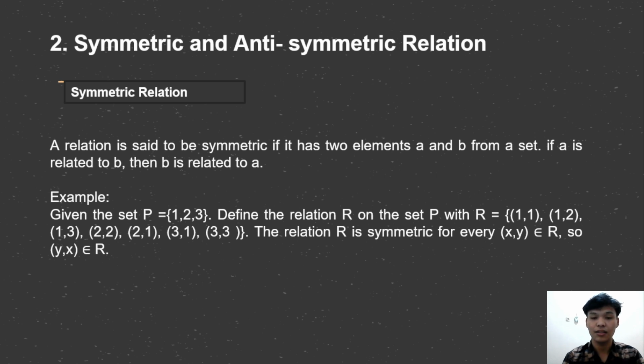The relation R is symmetric because for every (x,y) element of R, (y,x) is an element of R.